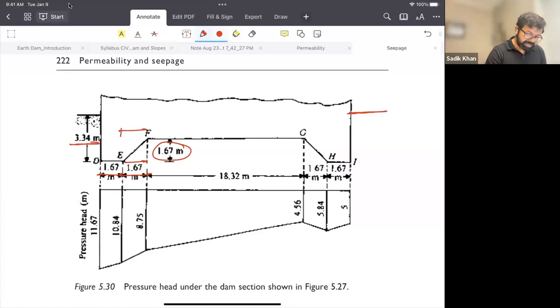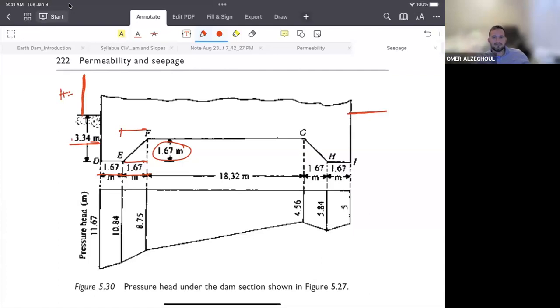So we have 2, and we have a drop. On top of it, we have a head. What is this head? H equal to what? 10 meter. Who said 10 meter?